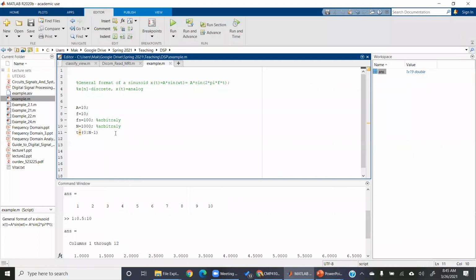So that's why I'm defining my time vector, and you may have seen this before, as 0 up to n-1 divided by Fs. Does that make sense to all of us?